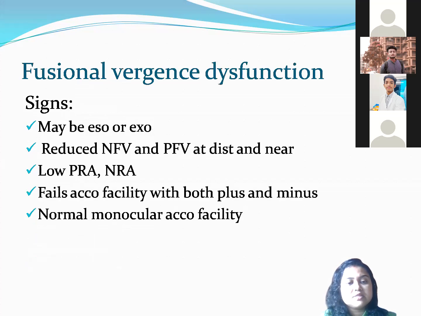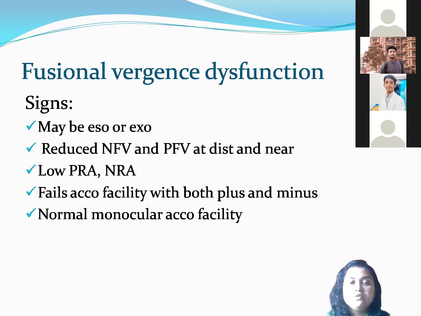We also discussed fusional divergence dysfunction the previous day. Fusional divergence dysfunction means all the accommodation and convergence parameters will be low. This case is very rare in our clinic, because accommodation, convergence, everything is low.